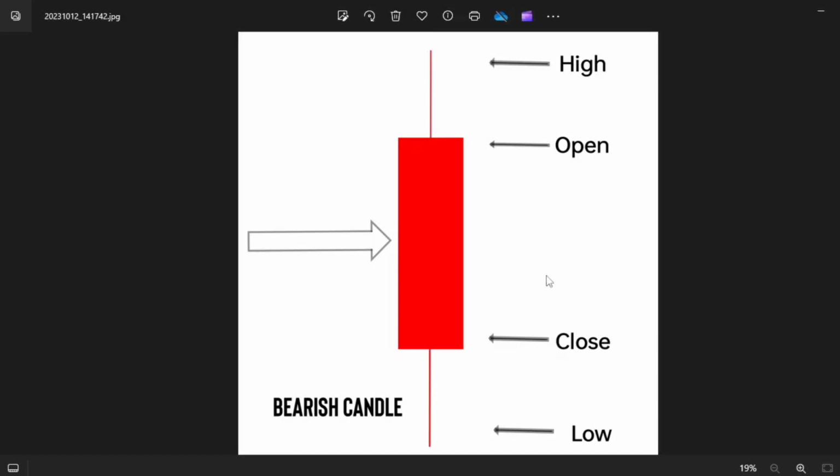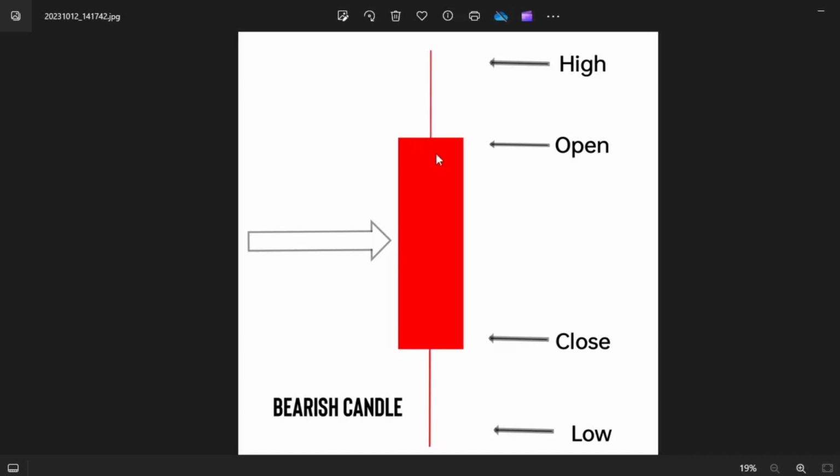Now, this high is telling you that there was a time this candlestick got to this level, but later came down to this level, even got down to this level, and later closed at this level.